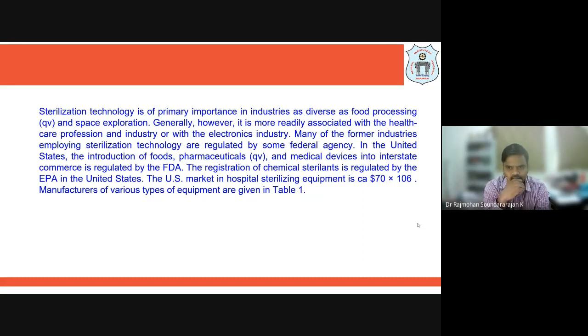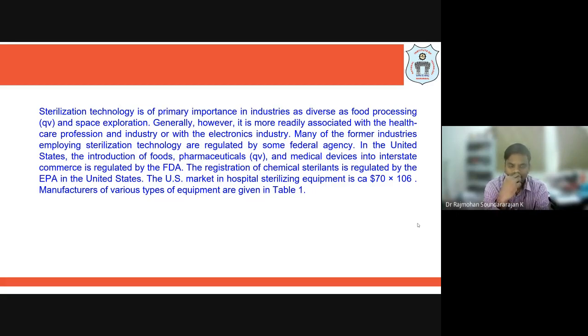Many of the industries employing sterilization technology are regulated by different agencies. For example, in the United States, food, pharmaceuticals and medical devices entering interstate commerce all have to come through the FDA.